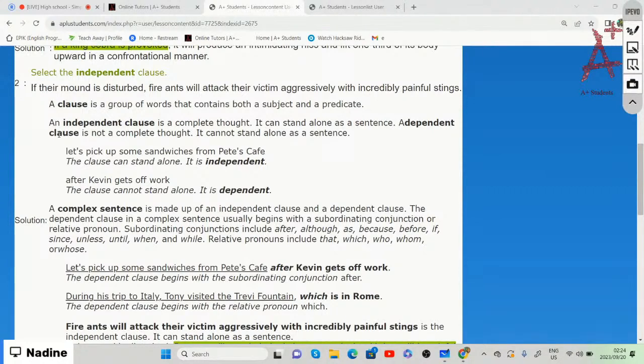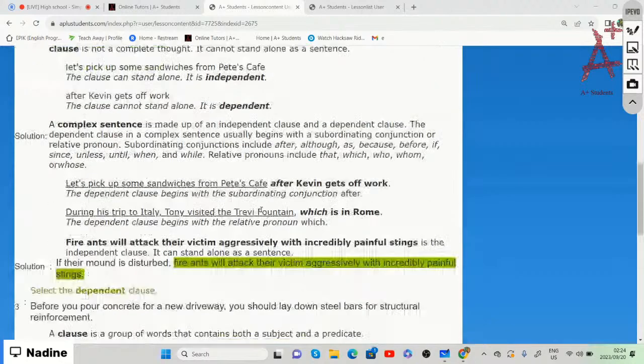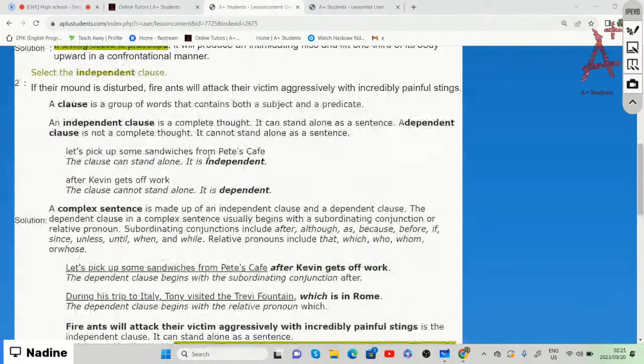So we now need to select the independent clause within the sentence.